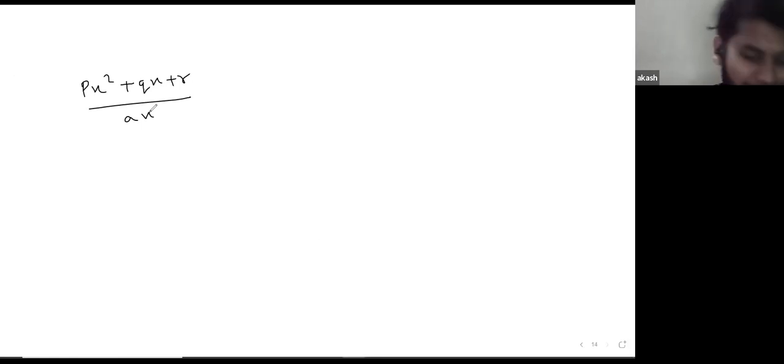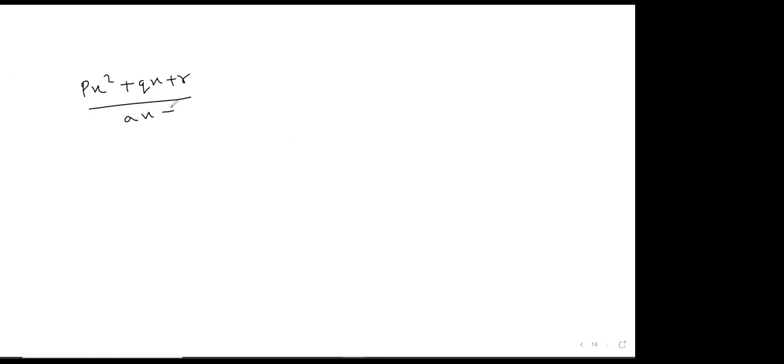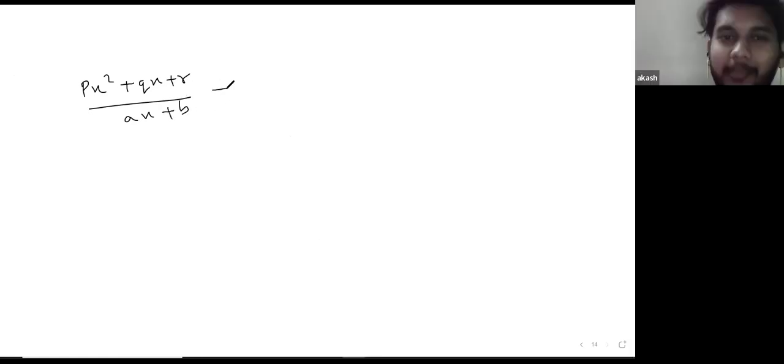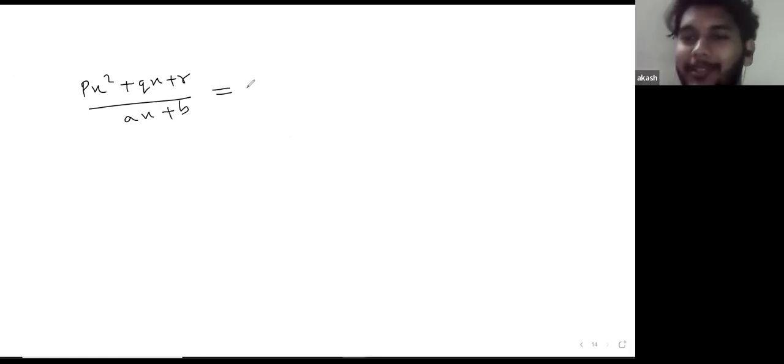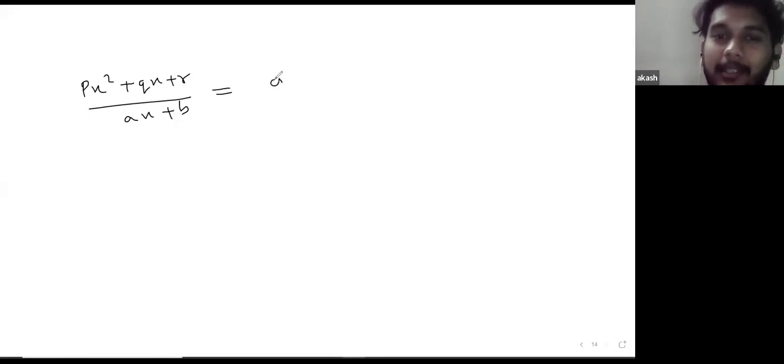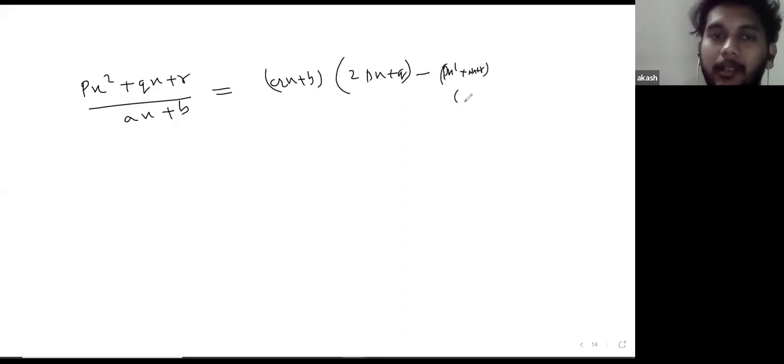No, it's a very easy question. If I had made the paper, I would have given 1 mark. For this question, there is nothing to think. So this will be ax plus b into differentiation of this one, which is 2px plus q, minus px square plus qx plus r into differentiation of ax plus b, which is a, the whole divided by ax plus b whole square.